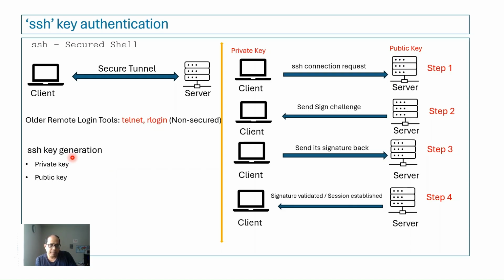Usually SSH is already installed with Unix. When you generate an SSH key, it will generate one private key and one public key. The public key you can share with anyone. You can copy it to the destination server, any server. Feel free to do so.